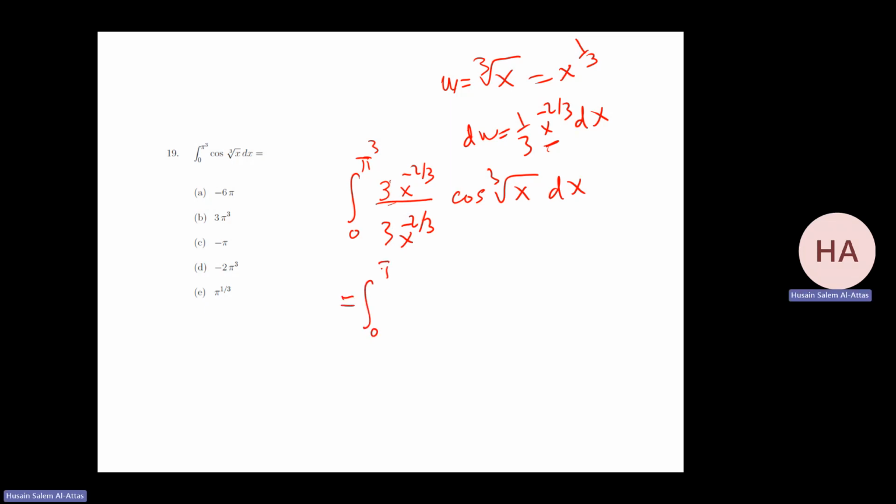Now use w. Let me write it this way: x to the power minus 2 over 3 over 3 is my dw.